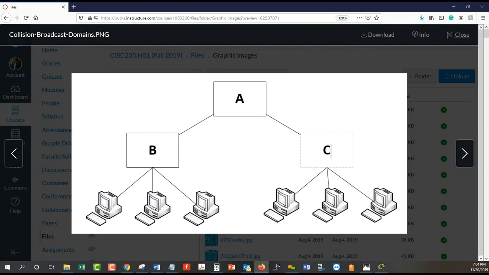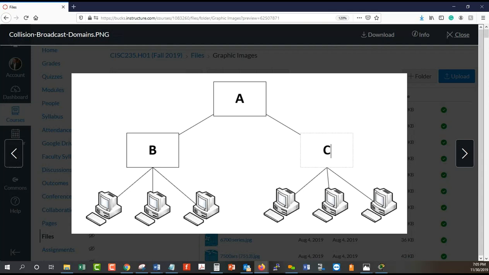If you remember, switches break up collision domains. So whenever you have a switch, that is going to break up a collision domain. And if a switch has 4 connections to it, it has 4 collision domains. With respect to broadcast domains, only routers will break up a broadcast domain.